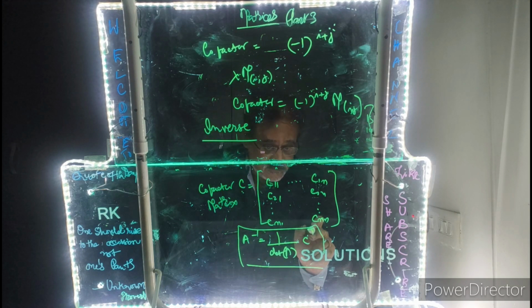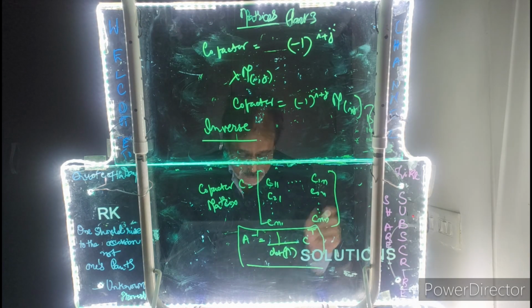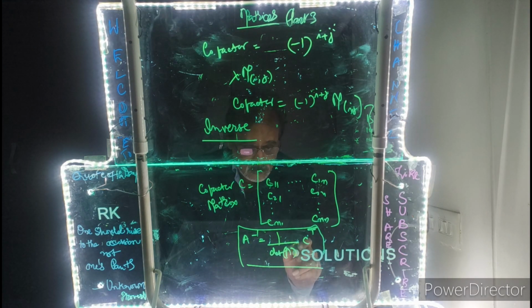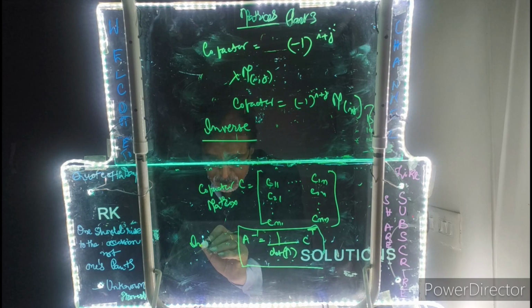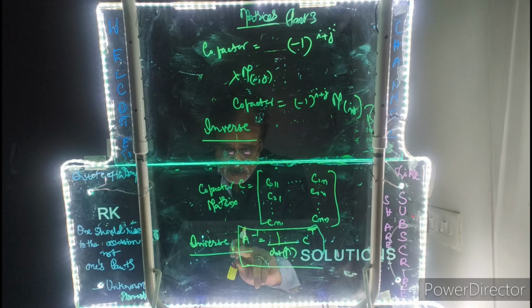If you interchange its rows and columns, then dividing it by the determinant of A gives you the inverse of A. So that is about minors and cofactors.